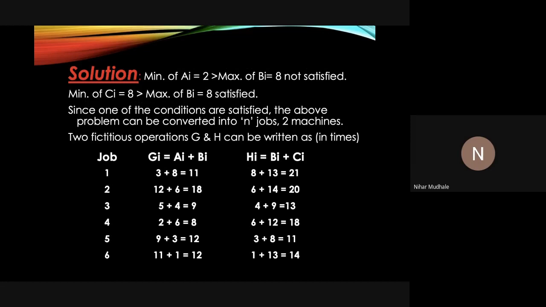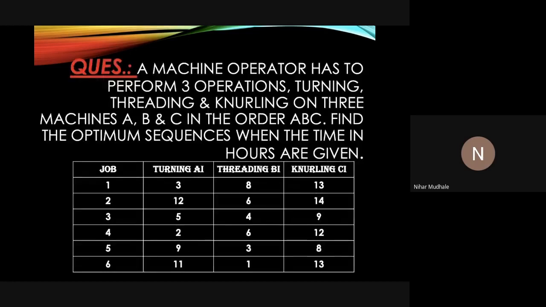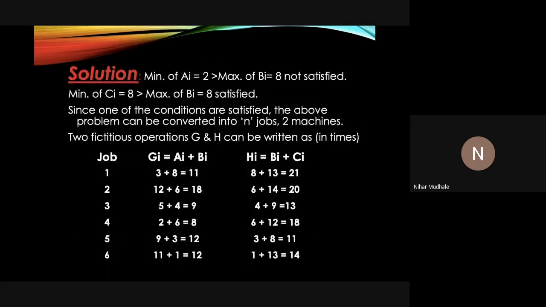So in the solution, minimum of Ai equal to 2 is greater than max of Bi equal to 8 is not satisfied. Minimum of Ci equal to 8 is greater than or equal to max of Bi equal to 8, satisfied. Since one of the conditions is satisfied, the above problem can be converted into n jobs and two machines. Taking this table, we put in the values and get the values of Gi and Hi for every job.